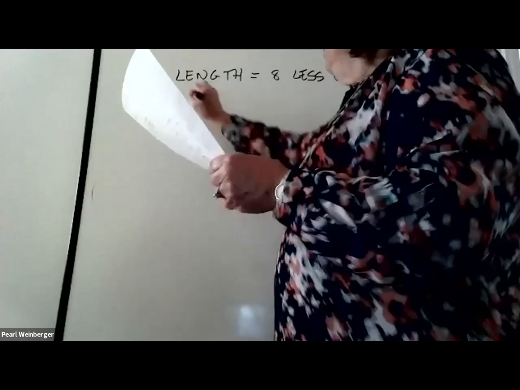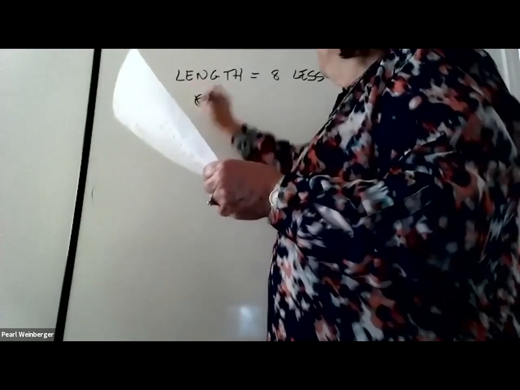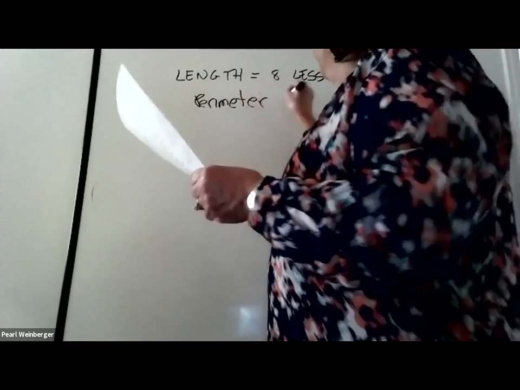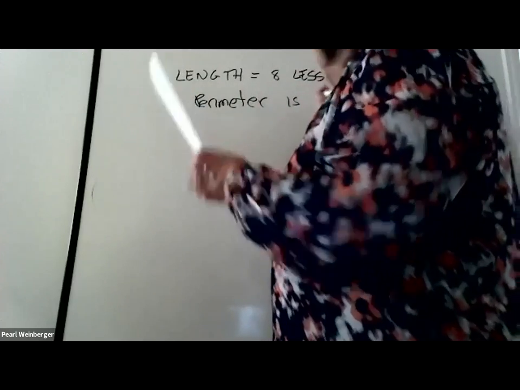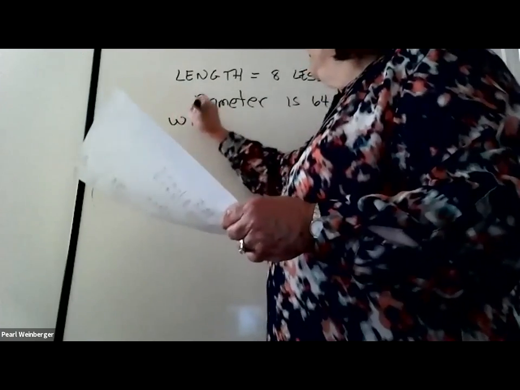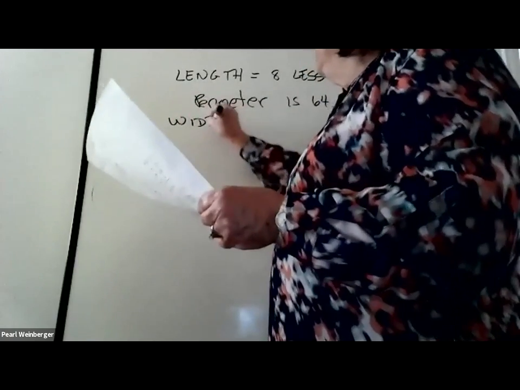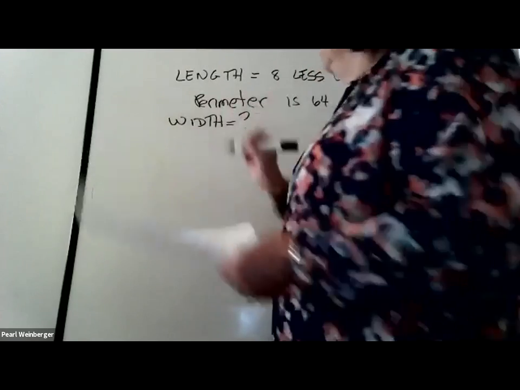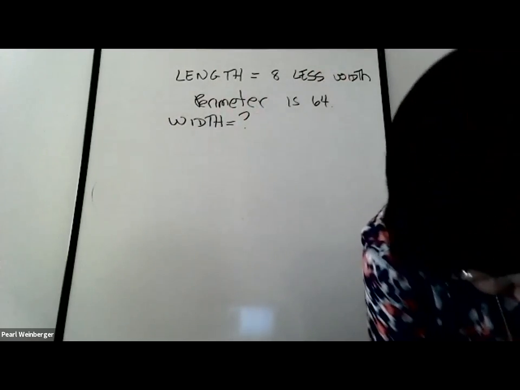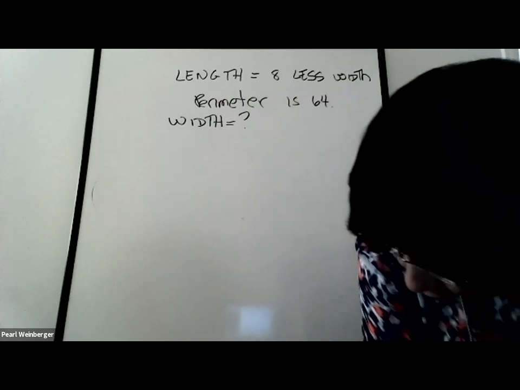And the perimeter of the poster is 64. And they want you to find the width of the poster. That's question number 19. I'm going to give you a couple minutes to try that. And then we'll do it together.